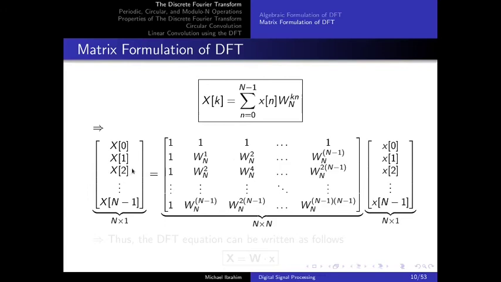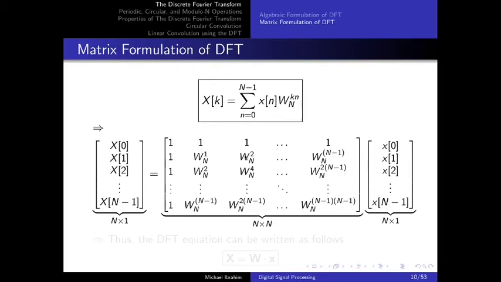So as you can see, in order to compute the DFT using this matrix formulation, we first will create this column vector containing the samples x of n, which is n by 1 column vector. Next, we will compute this matrix, which is basically n capital by n capital. The first row corresponds to k equal to 0.